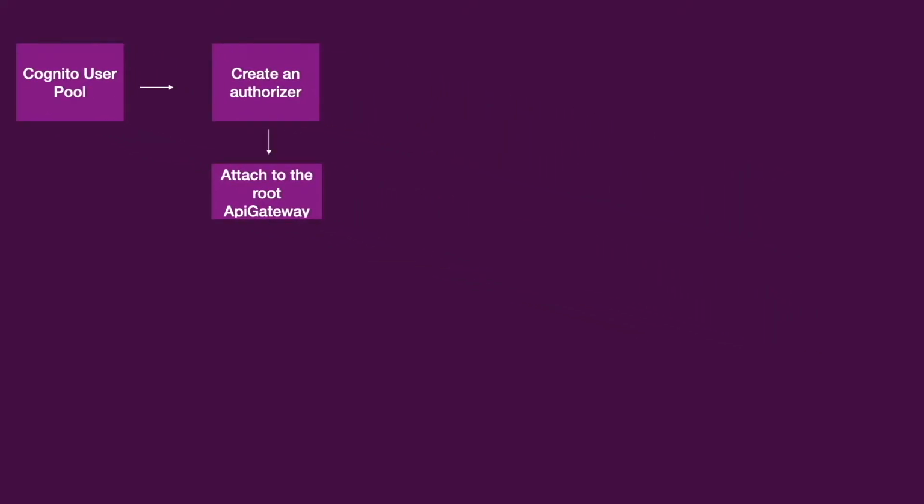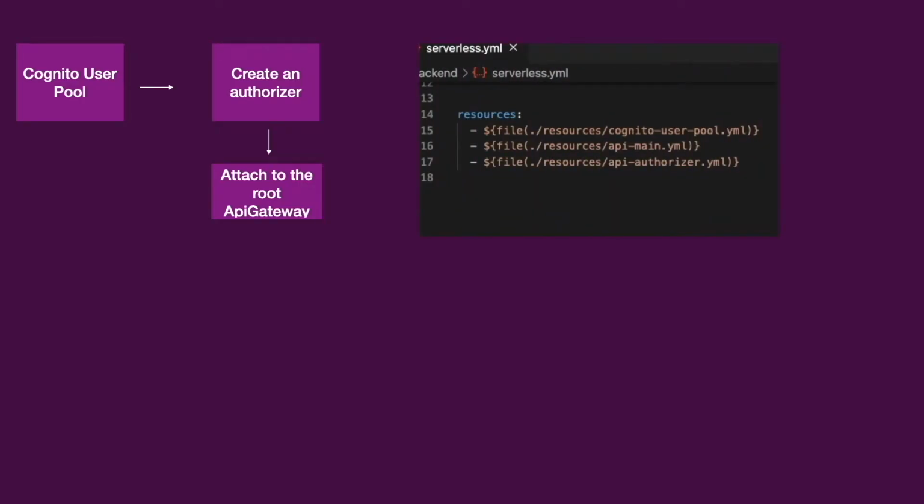So let me reveal the final version of the serverless.yaml file that we will be building. If we see the mapping, the Cognito User Pool on the left is going to be mapped to the serverless.yaml file by defining it through line number 15.